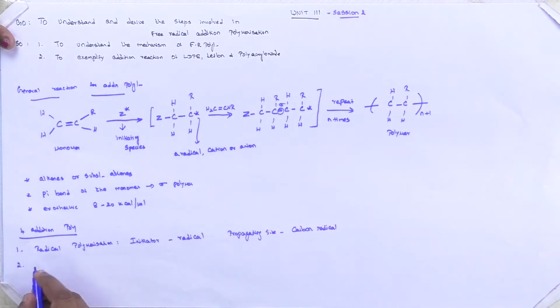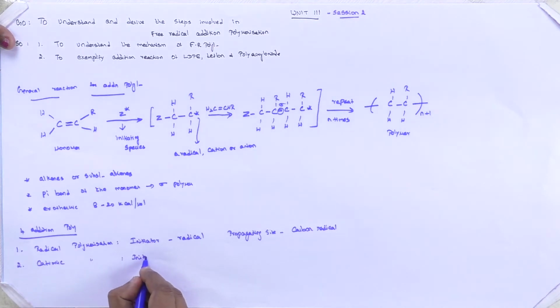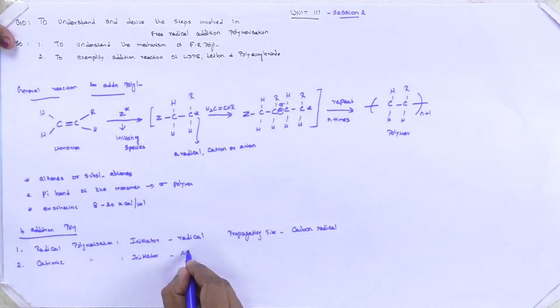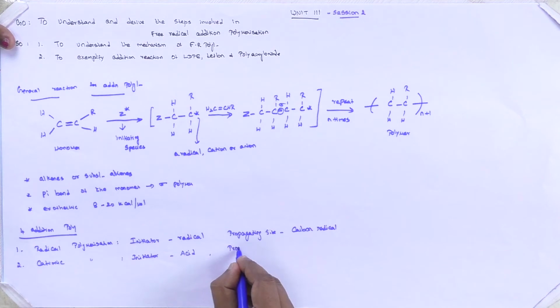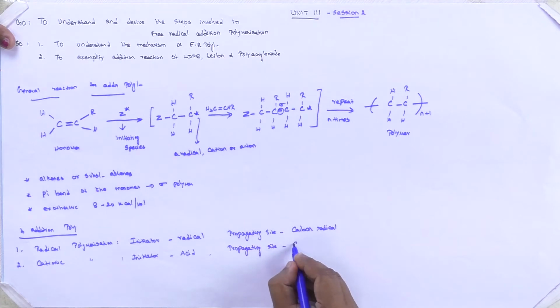Second is cationic polymerization, where the initiator will be an acid and the propagating site will be a carbocation.